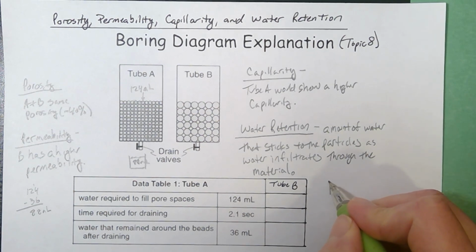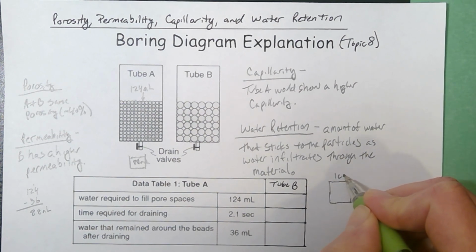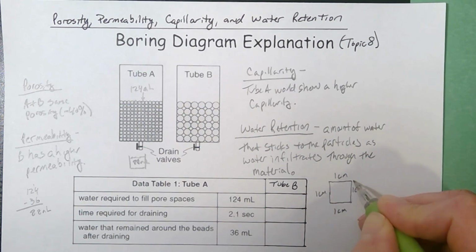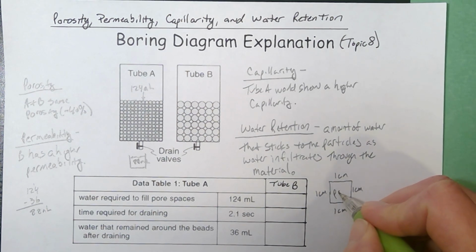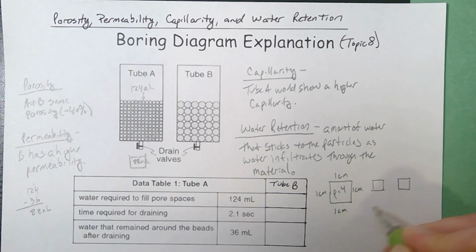If I had one particle that had square edges and each edge was 1 centimeter, the total external edges for the water to stick to, the perimeter of this would equal 4. Now, I take that same particle and I cut it into 4 even-sized pieces.